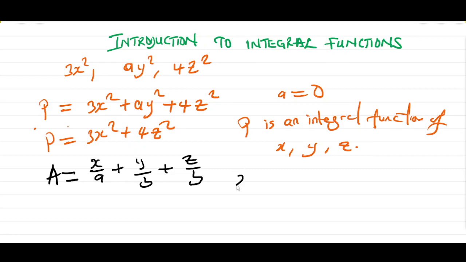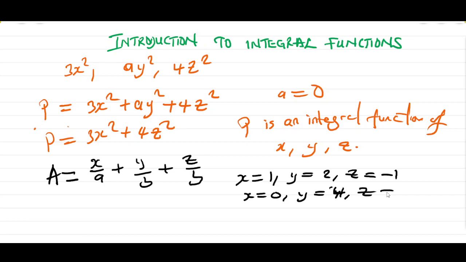We may have x to be 1, y to be 2, and z to be, let's say, -1 even. Or we may have x to be 0, y to be 4, and z to be -5 or so. If x, y, and z are allowed to change, but a, b, c are constant, this A is an integral function of the variables x, y, and z.